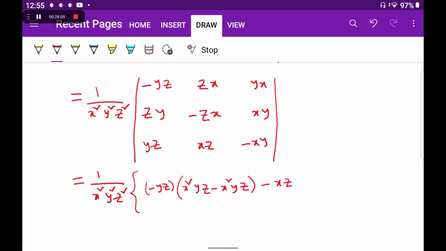Minus xz into minus x y square z minus x y square z, plus xy into xyz square plus xyz square.